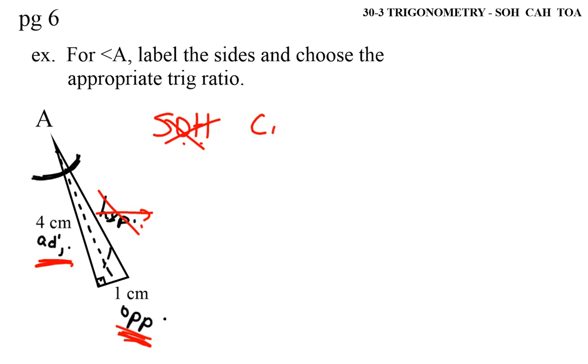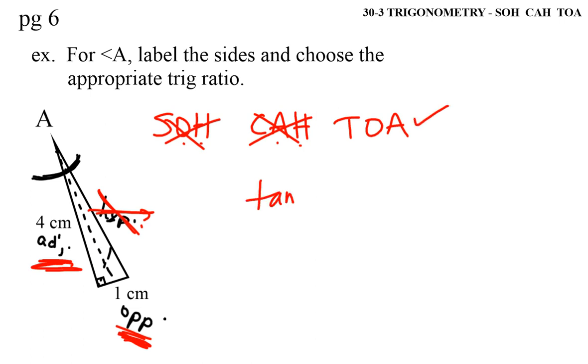Nope. CAH, adjacent and hypotenuse. Don't have hypotenuse. Nope. TOA, opposite, adjacent. You betcha. So this is tangent of A is opposite over adjacent. That's how we can choose the correct ratio.